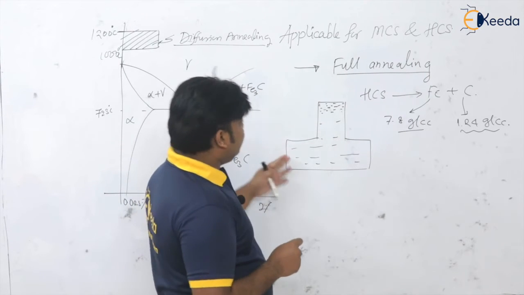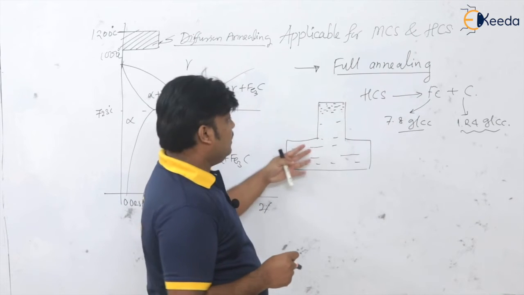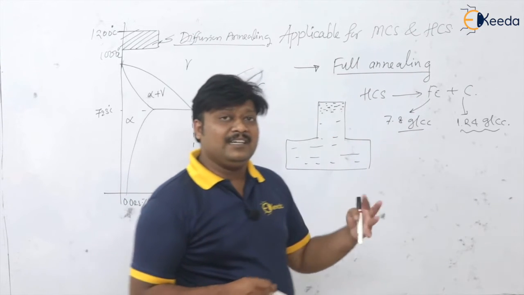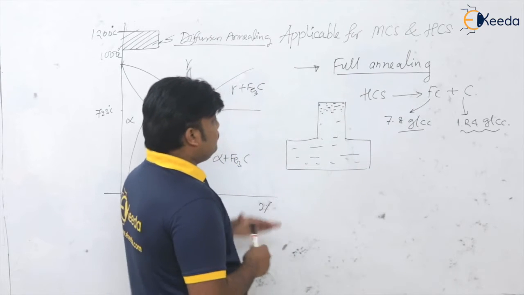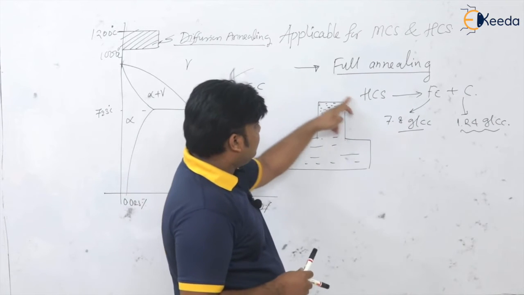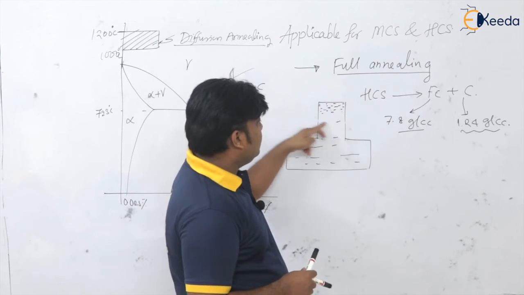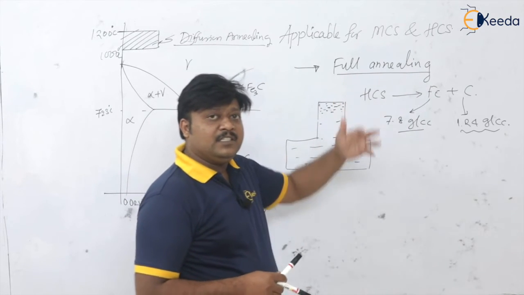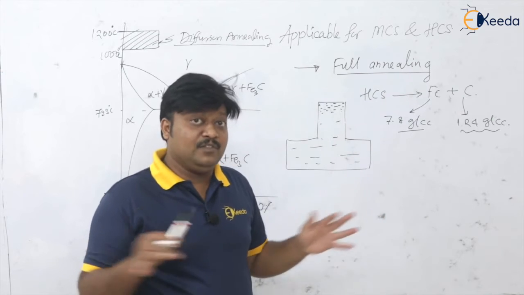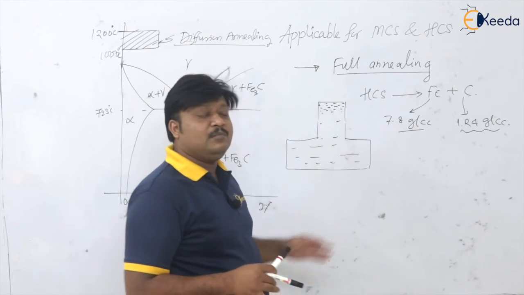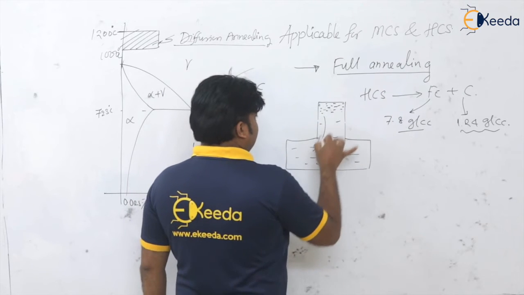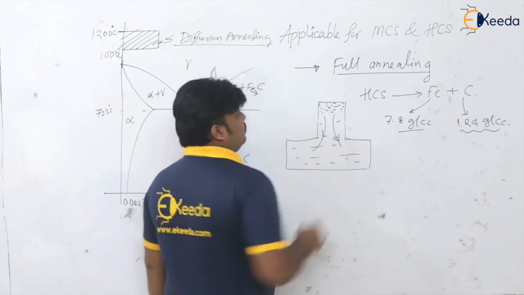When we heat this casting to the temperature range, say 1000 to 1200 degrees centigrade, see, this is the region where the carbon concentration is maximum. Diffusion is what? At higher temperatures with sufficient time, the carbon is going to diffuse from the high concentration level to the low concentration level.